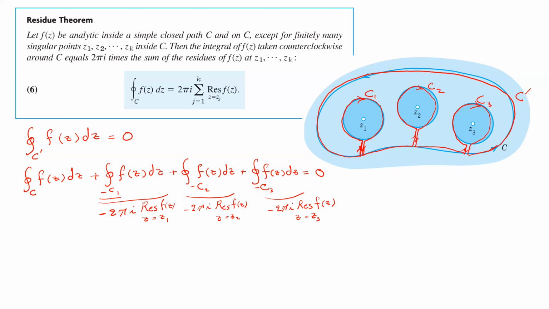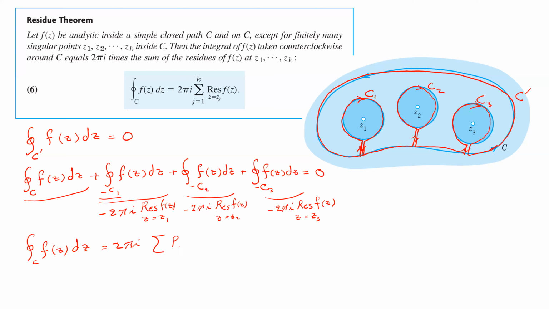All right. And then if you move all of these to the other side, this becomes positive, positive, positive. So then we have the integral of f(z) dz around C equal to 2 pi i times the sum of all those three residues at z1, z2, z3.